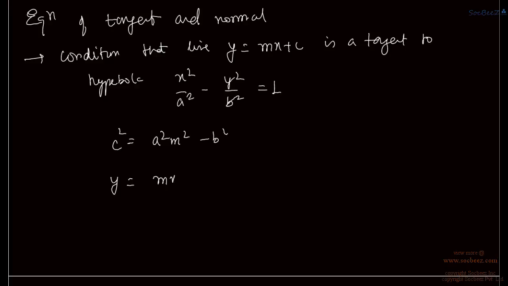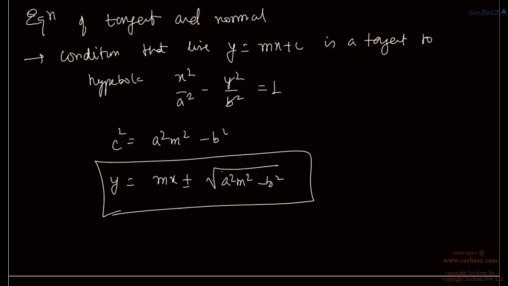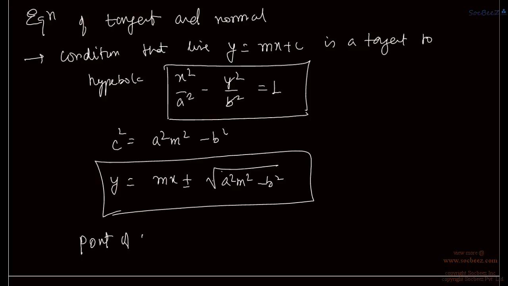So y is equal to mx plus minus under root a square m square minus b square is a tangent to the hyperbola with point of contact as (minus a square m upon c, minus b square upon c).